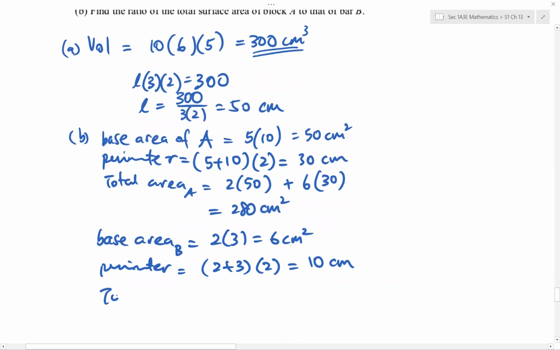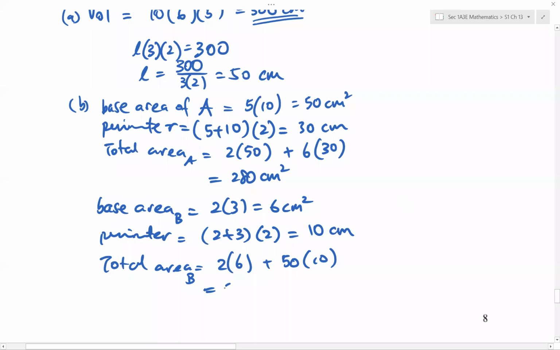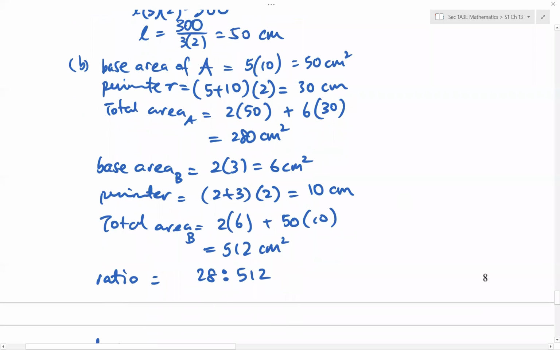Okay, total: 2 times 6, plus 50 times 10. Okay, 12 plus 500, 512. Okay, then 280 to 512. Equals how much? 34 to 64.